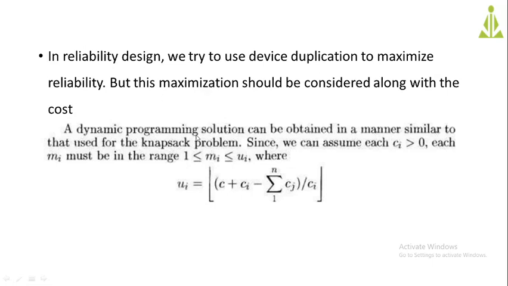The dynamic programming solution can be obtained in a manner similar to that used for the knapsack problem. Since we can assume each ci is greater than 0, each multiple device count must be in the range 1 less than or equal to mi less than or equal to ui, where ui is equal to c plus ci minus the sum from 1 to n of cj, all divided by ci.